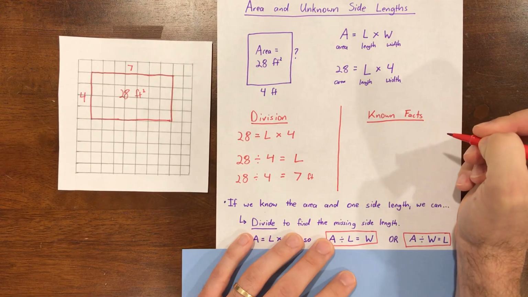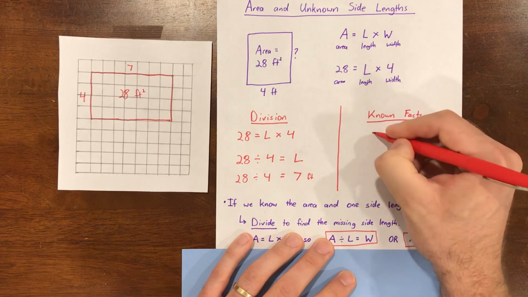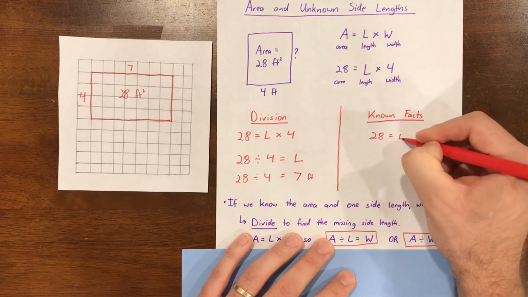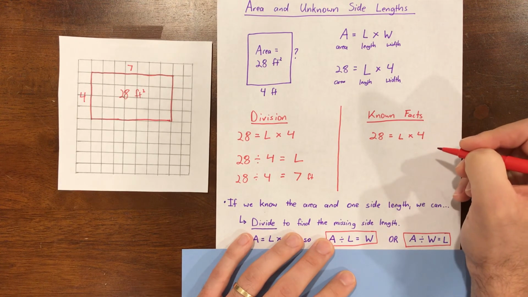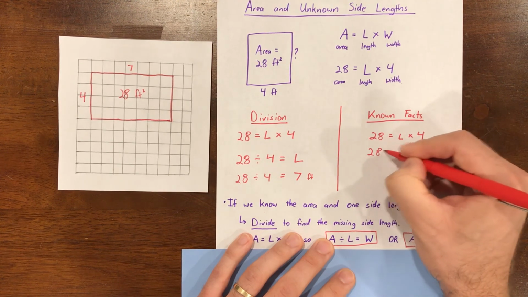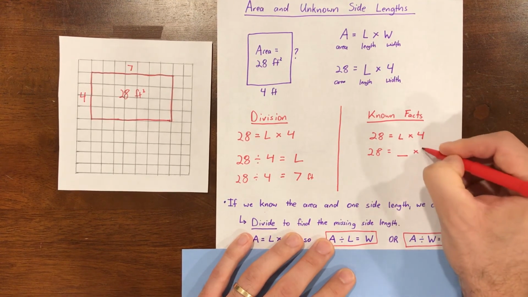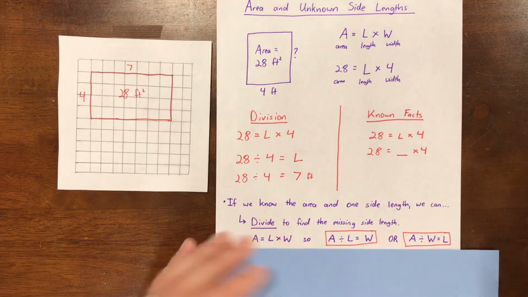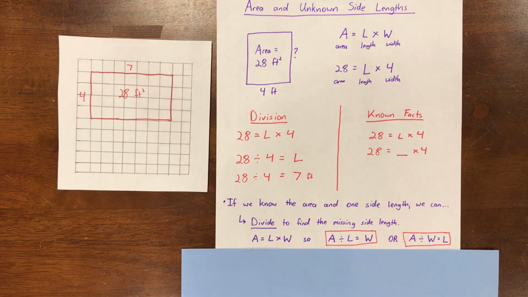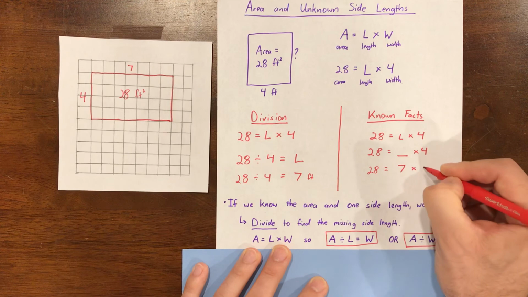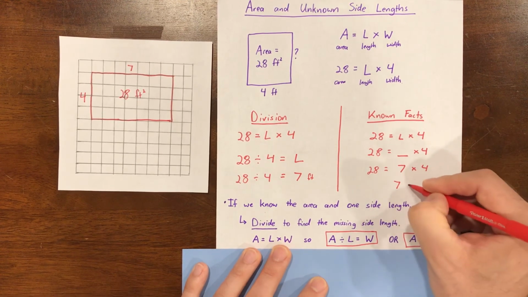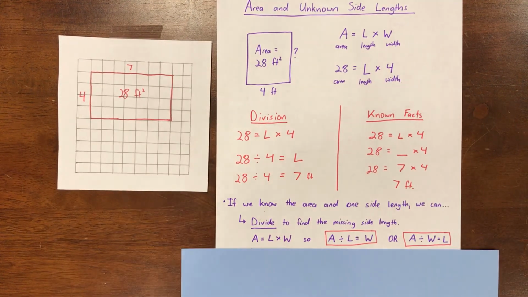We know that 28 equals length times 4. So we could think about a known fact to help us solve that. We could think 28 equals what times 4? What times 4 equals 28? Say it out loud. Yeah, 7. So 28 equals 7 times 4. Again, our missing length is 7 feet.